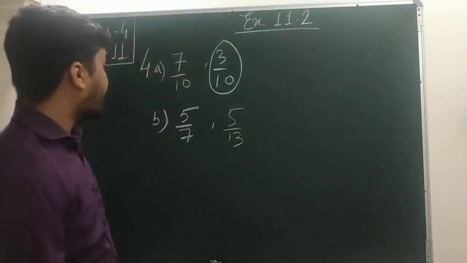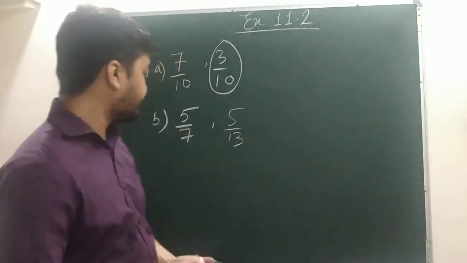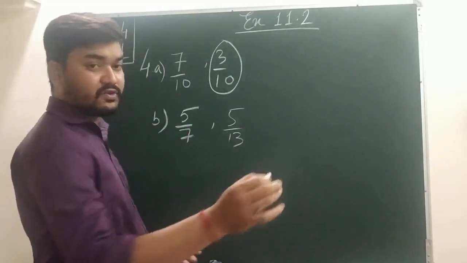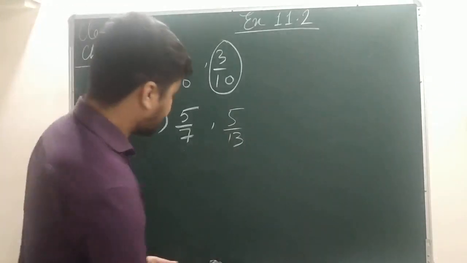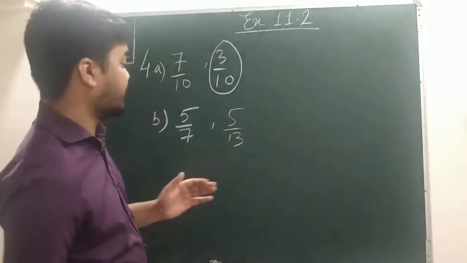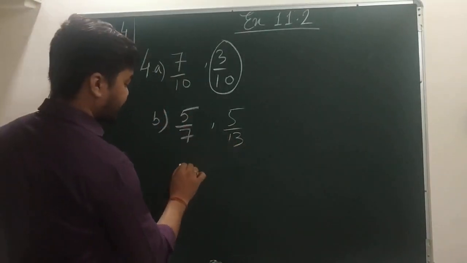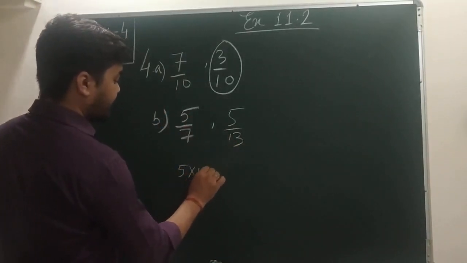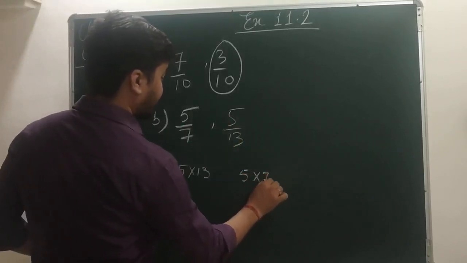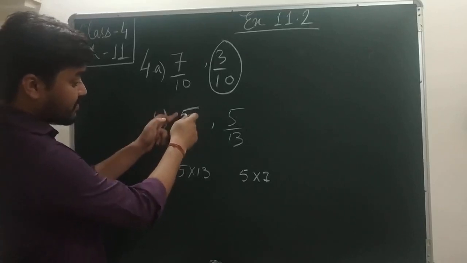Now moving forward to part B, or second question. Are the denominators same? No. So what we are doing? Cross multiplying 5 into 13 and 5 into 7. We don't have to multiply these two numbers, and these two numbers.